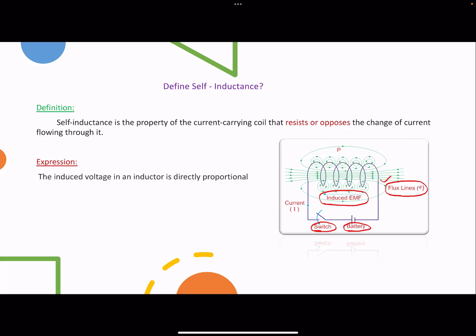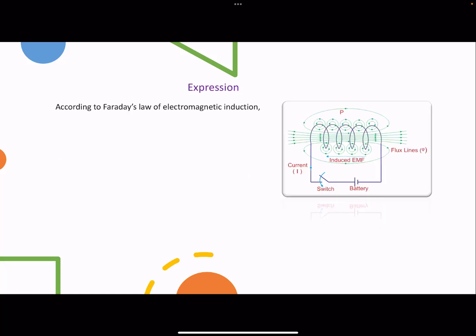The induced voltage in an inductor is directly proportional to the rate of change of current, and that is expressed as VL is directly proportional to di by dt, from which we can get VL is equal to minus L into di by dt. Let it be equation 1. Now according to Faraday's laws of electromagnetic induction, the rate of change of magnetic flux linkage is equal to the induced EMF. So VL is equal to minus N into d phi by dt.